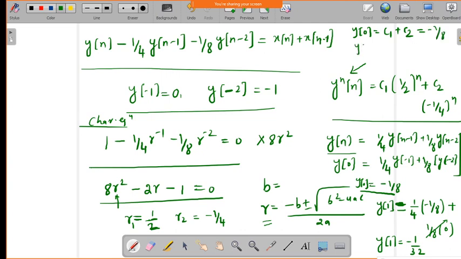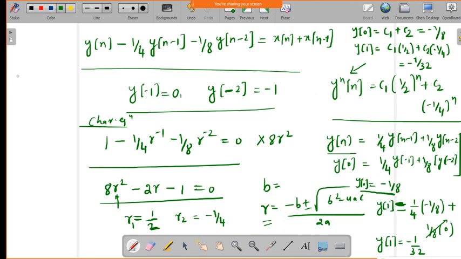Similarly y of 1 is equal to C1 into half plus C2 into minus 1 by 4, which is equal to minus 1 by 32. Okay. So now you are getting two equations for C1 and C2, you solve for C1 and C2.